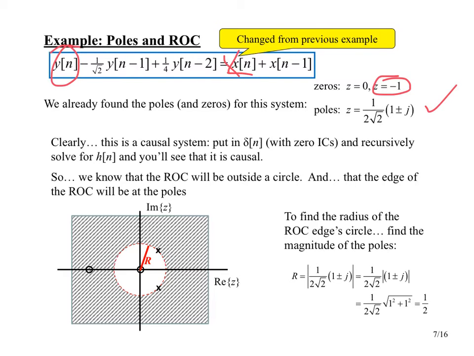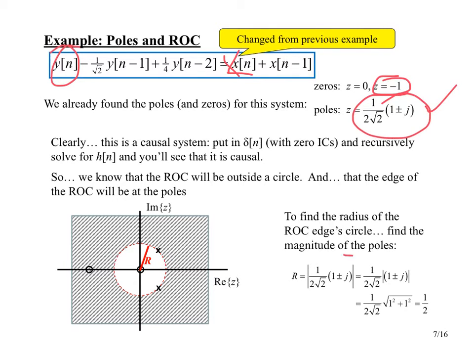And since we know that that circle, which will be the edge of the region of convergence, has to be right at the poles, all we have to do is find where the poles are, which we've found, and they are in rectangular form. If we just find what their magnitude is, that will give us the radius. So we find their distance from the origin, or their magnitude.